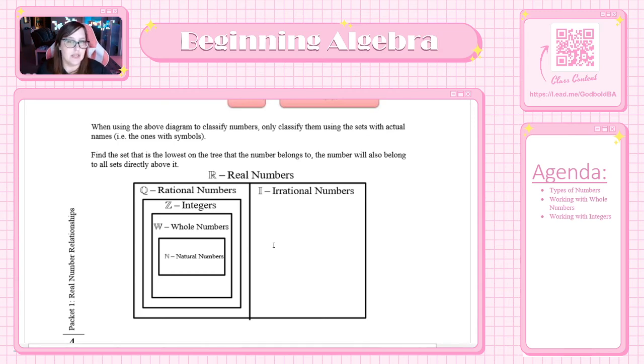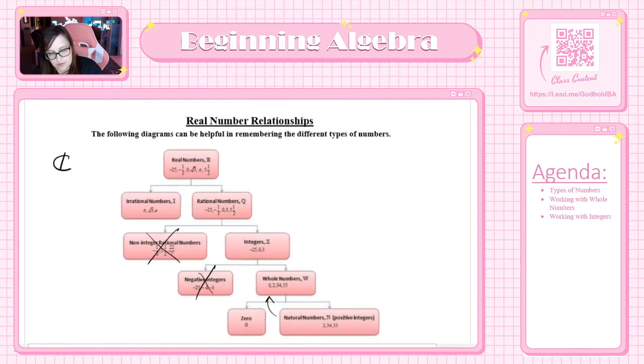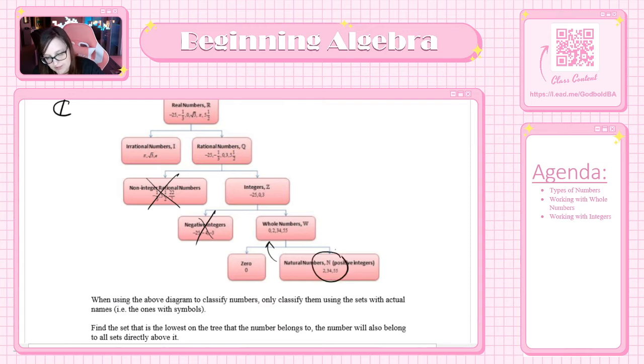They don't have any new classification, okay? But the rational numbers can either be integers, whole numbers, or natural numbers. And notice, because the natural numbers are all the way in the center, if you're a natural number, then you're automatically a whole number, automatically an integer, and so forth. The same is true over here using this one. If you find it starts here, then it's also everything above it.